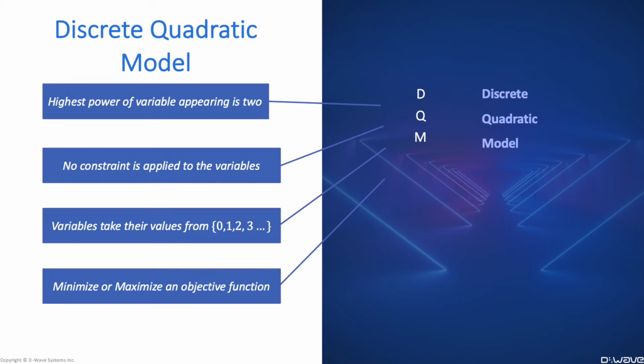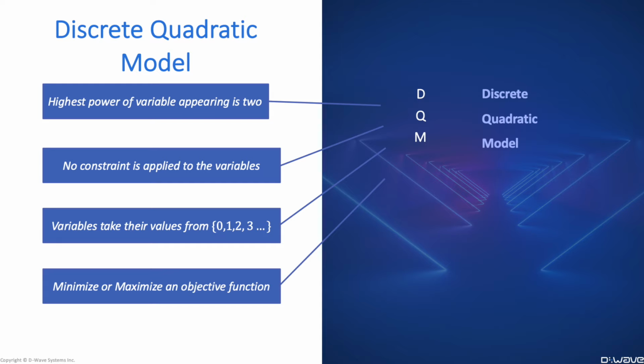And to change this to a discrete quadratic model, all I need to do is change that third line. The highest power of variable appearing is still 2. No constraint, again, that is, no forced constraint is applied to the variables. The variables take their values from 0, 1, 2, and 3, and we're going to maximize or minimize an objective function again.